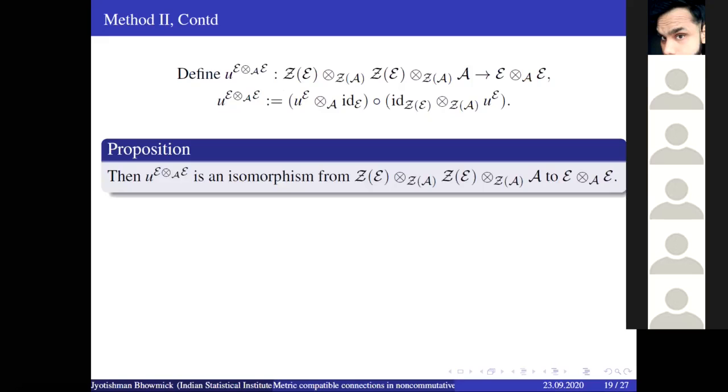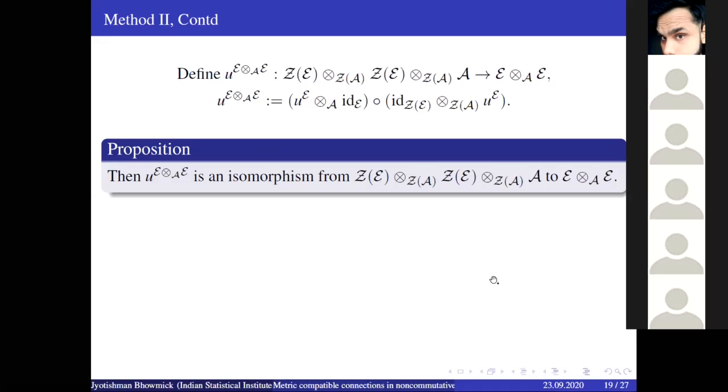It can be easily checked that this is an isomorphism. So the upshot is that any element of E tensor E is a linear combination of elements looking like omega from here, tensor eta, tensor a.